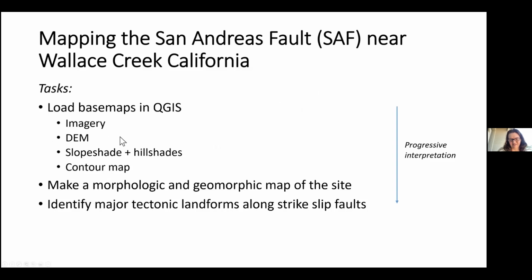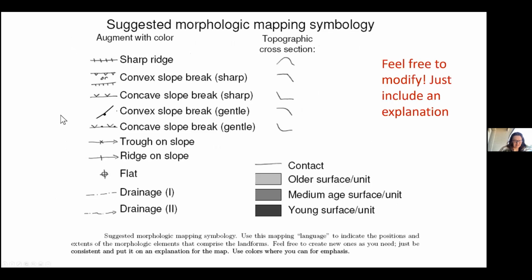And so the tasks are you're going to load a bunch of these base maps in QGIS, make a morphologic map, and then a geomorphic map and identify the major tectonic landforms. So there's this kind of progressive interpretation from just base data to morphology to naming things and putting where's the fault. And so here we see this sort of suggested morphology.